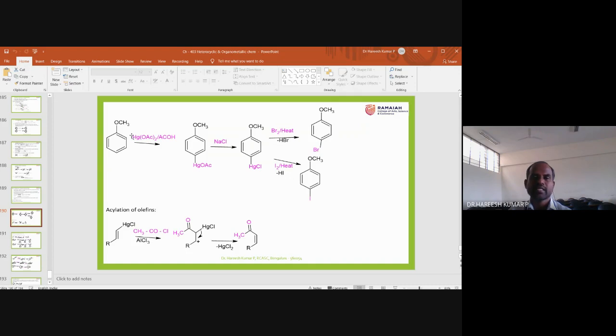Here, just treat with mercuric acetate. This mercuric acetate is replaced with chlorine, meaning acetoxy is replaced with chlorine. Then just treat with iodine in acetic acid, or otherwise add iodine and heat, and you will end up with methoxyphenyl iodide.